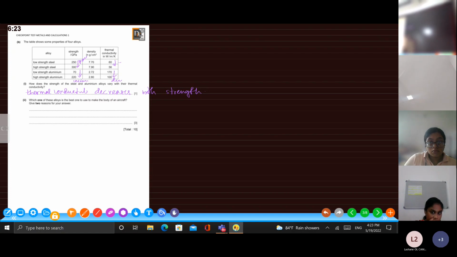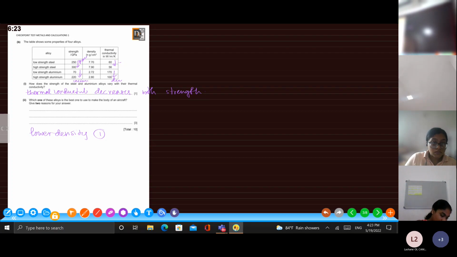So then you are going to say, first of all, aluminium. It should be something aluminium because you need lower density. Let me write the reasons first. Lower density, 1 mark, and it should be higher in strength. So I choose aluminium, high strength aluminium.